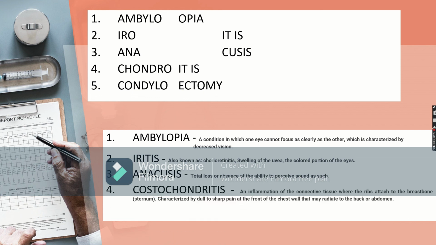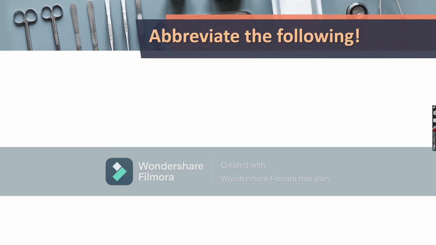Number 4. Costochondritis is an inflammation of the connective tissue where the ribs attach to the breastbone or sternum, having sharp pain in front of the chest. Number 5. Condylectomy. It is a surgical removal of a condyle or a part of a knee. Let's abbreviate the following.